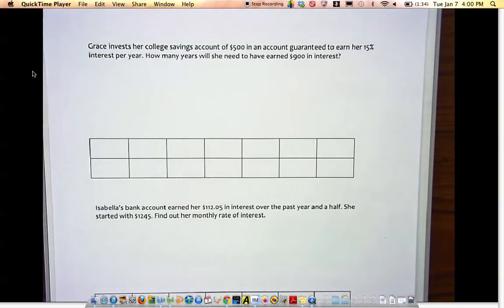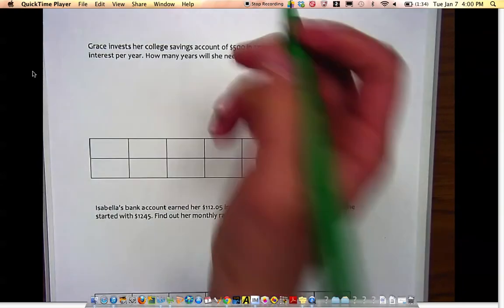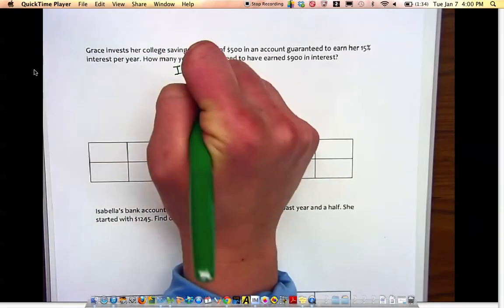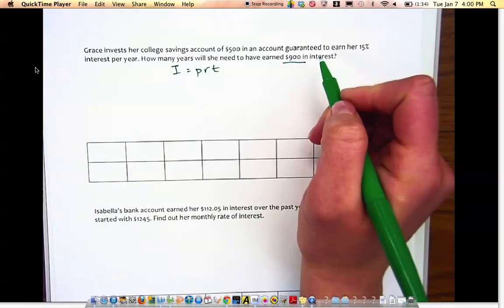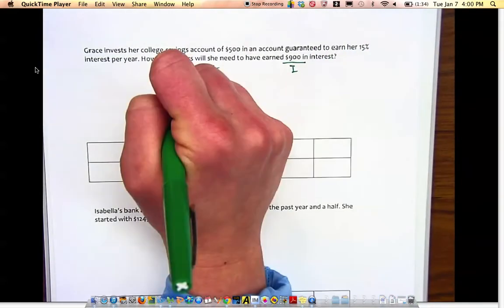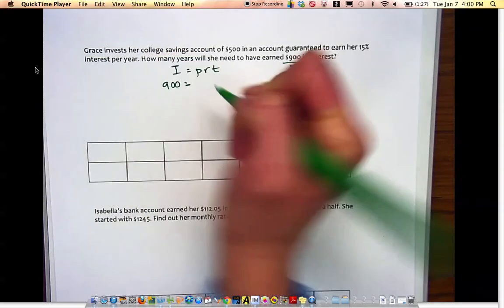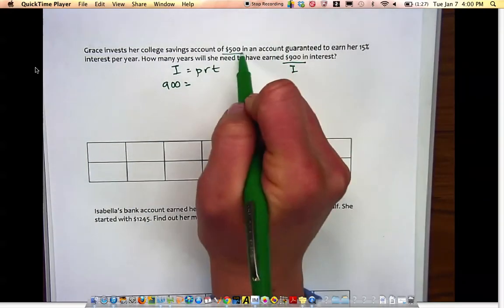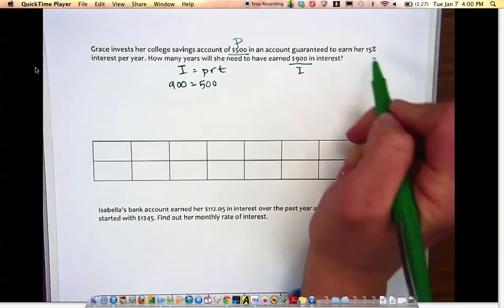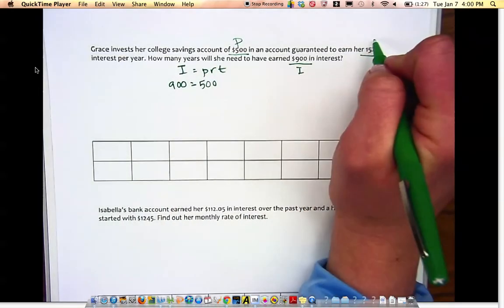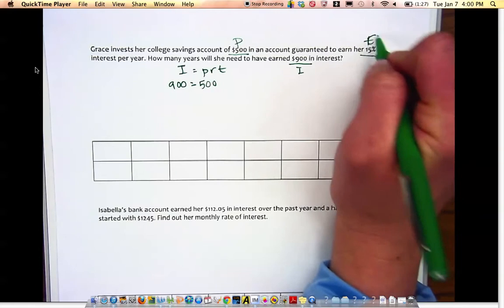So let's start with our formula. So I equals PRT. In this one, we know the I. She wants to earn $900. We know that she started with $500. That's her P. And 15% is her rate.